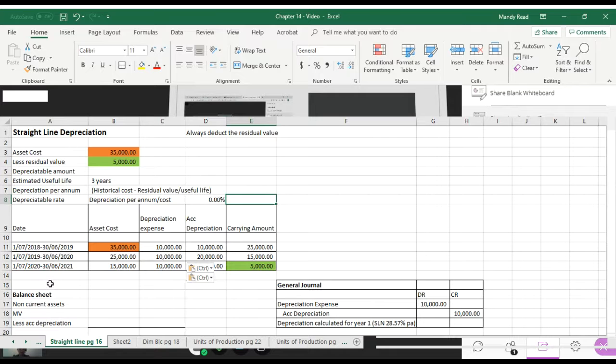That's why accumulated depreciation is known as a negative asset, because it is reducing the value of the asset. What about the third year? If we were to do this extract on the balance sheet in the third year, our accumulated depreciation would be $30,000, meaning that our closing written down value of that asset is $5,000.